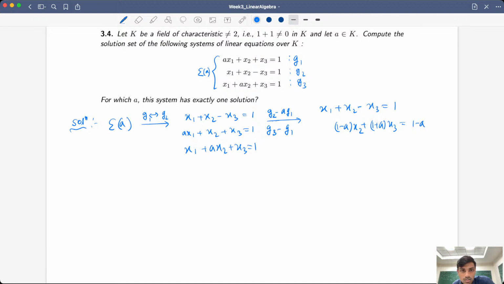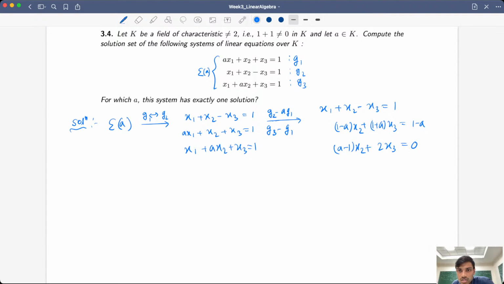In the third, we get (a minus 1) x2 plus (1 plus 1) x3, which is 2 x3, equal to 1 minus 1, which is 0.